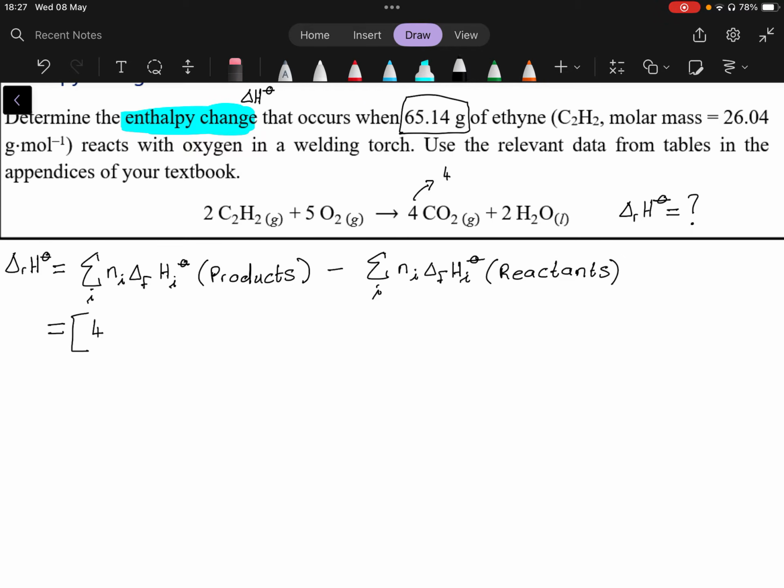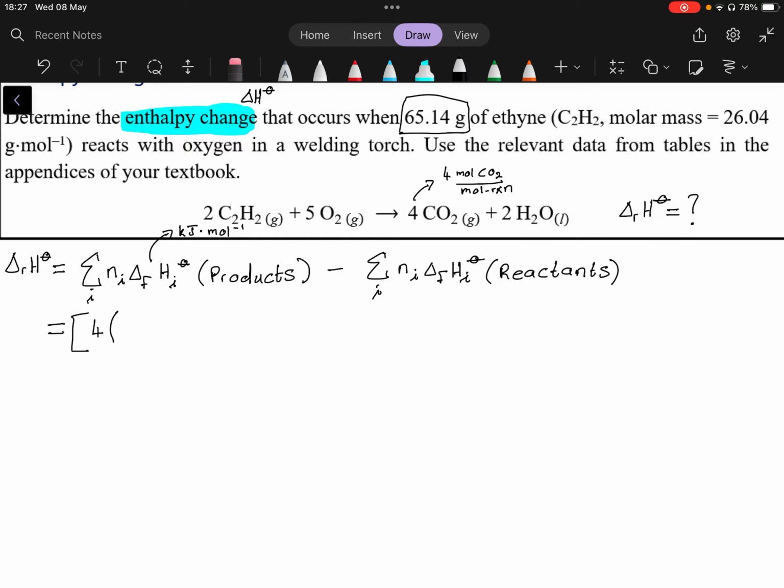It's 4 mole CO2 per mole reaction, right? And the unit of delta formation H is going to be kilojoule per mole. And this per mole means per mole CO2, per mole oxygen, or whatever.